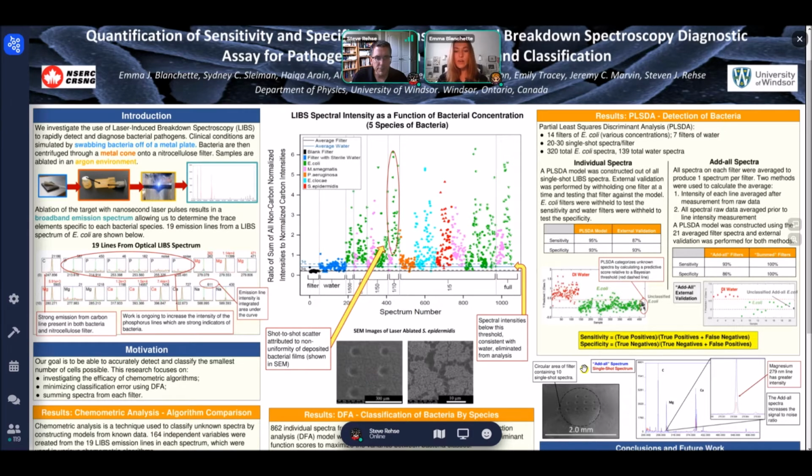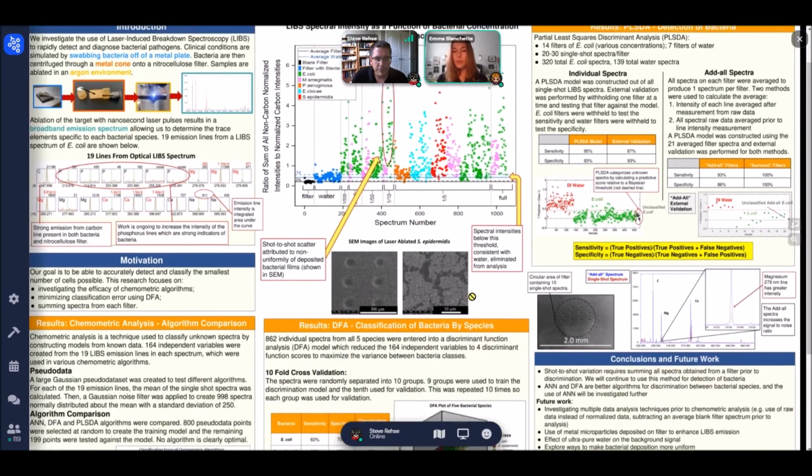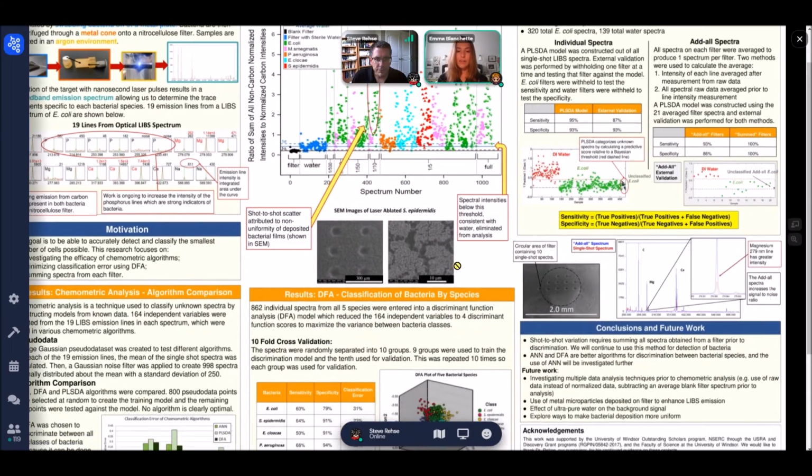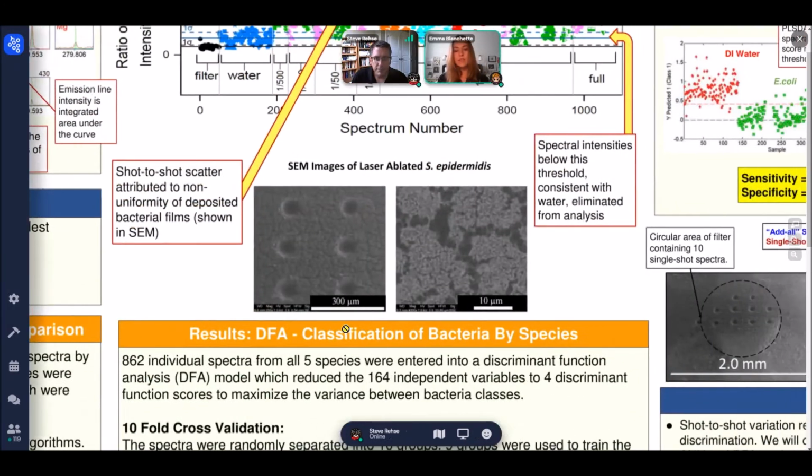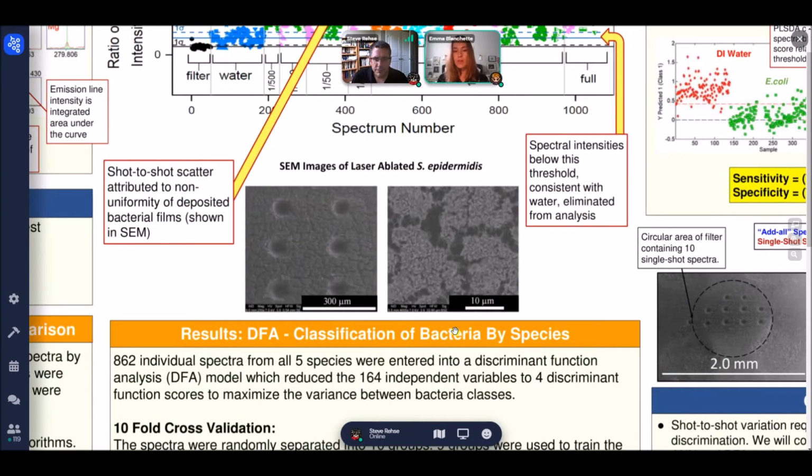Underneath this graph, we have SEM images showing a non-uniform deposition of bacteria on the filter. If you look closely, you can see little cracks in between the filter craters. As well, the image on the right shows voids between the bacterial lawns that are deposited on the filter, and we attribute this non-uniformity on the filter to our scatter in the data.